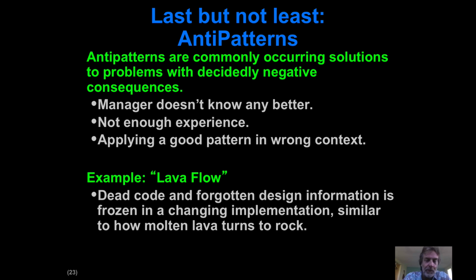Here's just one example I picked out called lava flow, which is this notion: if you've worked on a system which has been around for a long, long time, what you'll find is as developers come and go, things will be implemented, and then folks will start to forget, why is it this way? What does this actually do?